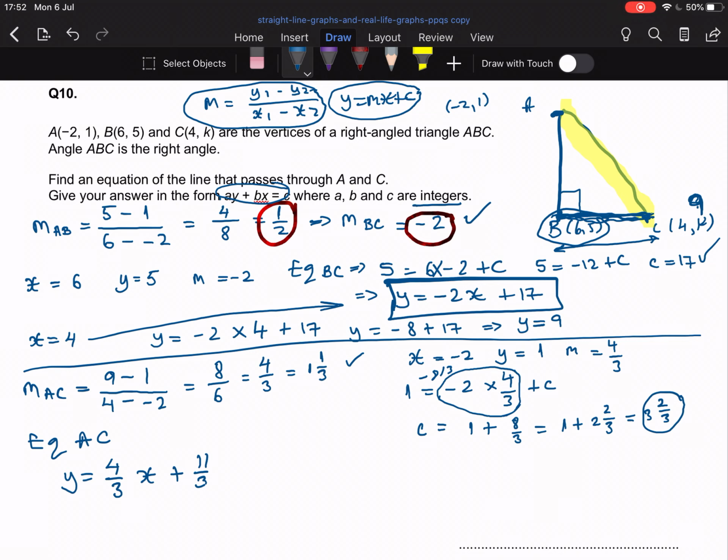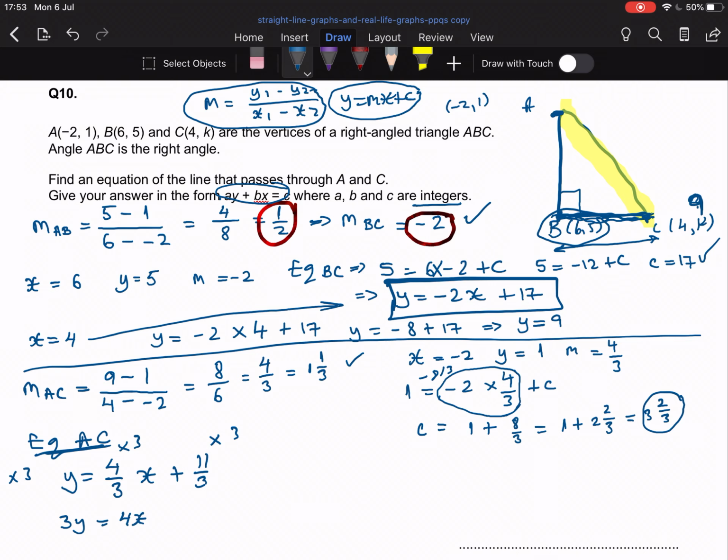But to get rid of this fraction, I noticed that both of these fractions are divided by 3. So I'm going to multiply everything by 3. When I say everything, I mean every single term of this equation by the same thing, so by 3. So y times 3 is 3y. 4 over 3x times 3 is 4x.